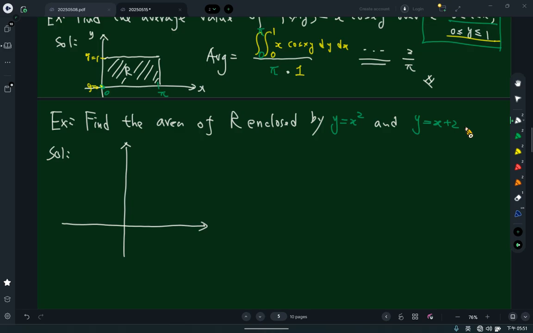This is the x-y plane. Then we will have y is equal to x squared and y is equal to x plus 2. Then this is the region.